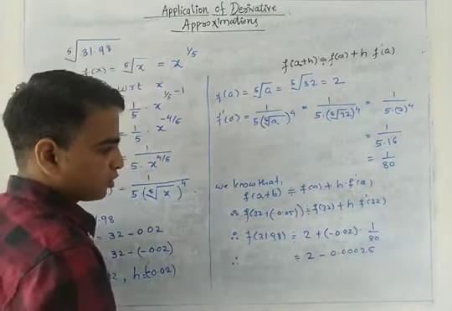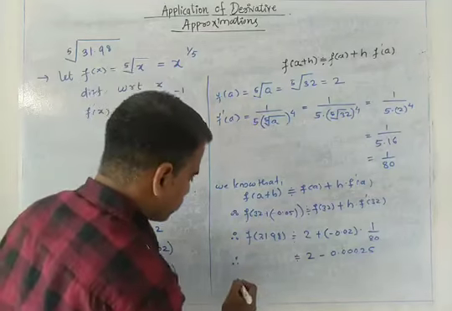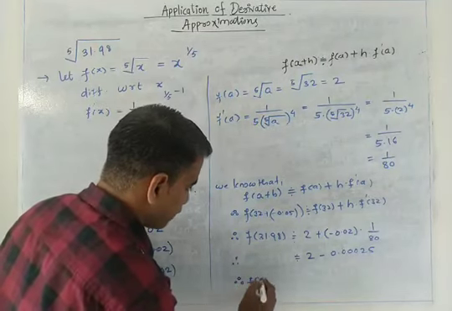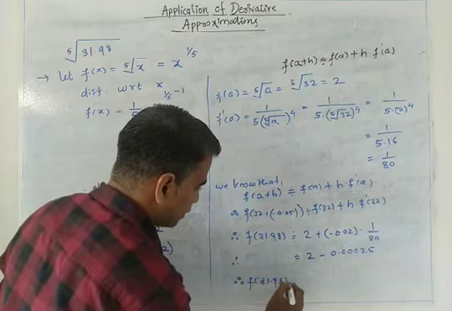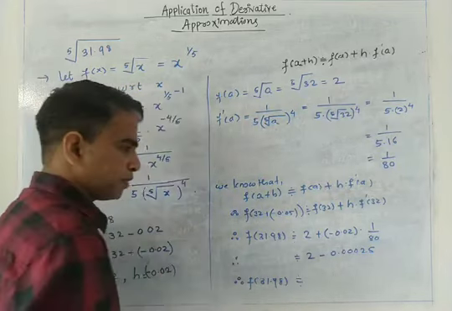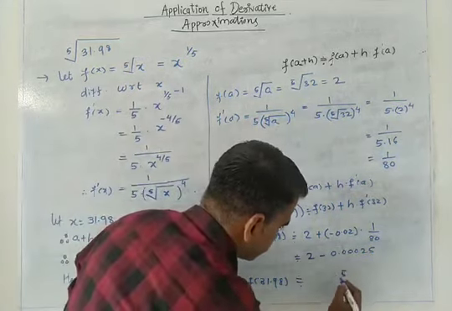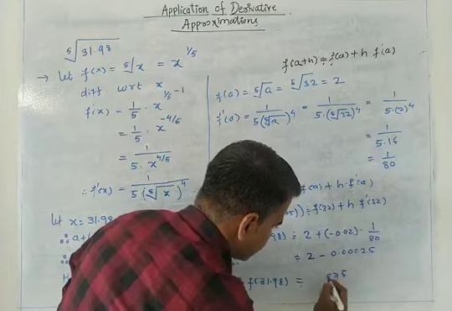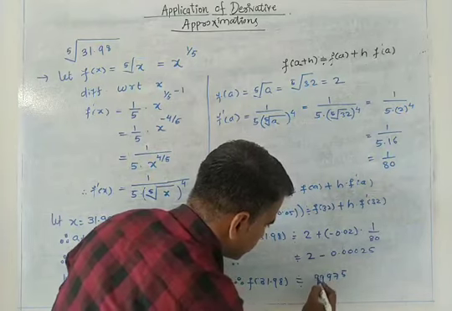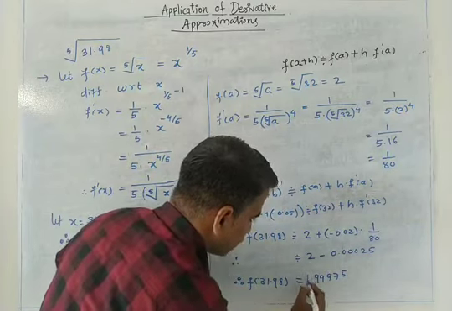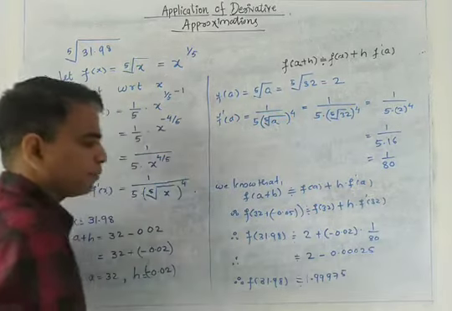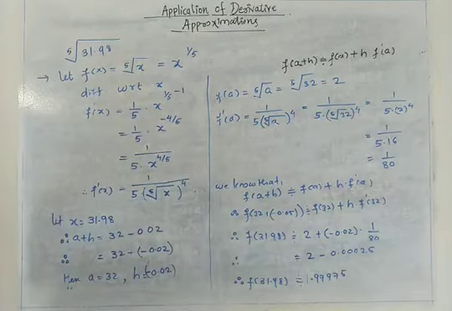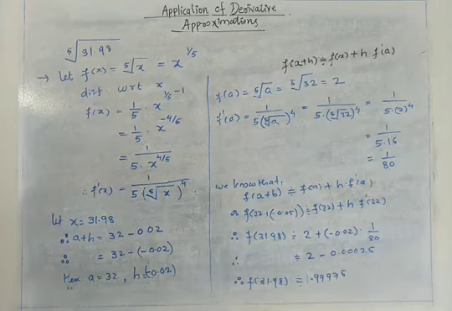Okay, so this is a subtraction we have to do from 2. So therefore f of 31.98 is approximately equal to 1.99975. It is the approximate value of f of 31.98. Okay, see all the steps of how we completed the question.